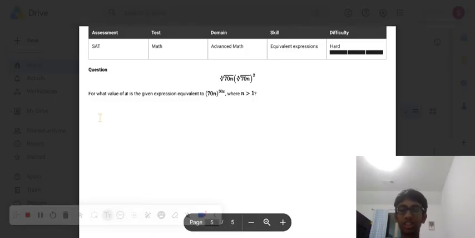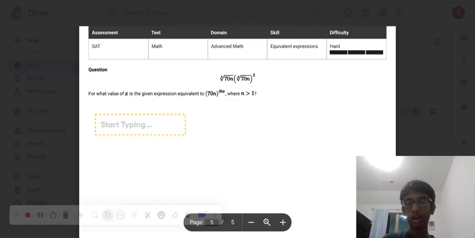We have the fifth root of 70n, so that's 70n to the 1/5. Then times the square of the sixth root of 70n. So that would be 70n to the 2 over 6. 2 over 6 is simply 1 over 3, and we can simplify that way.